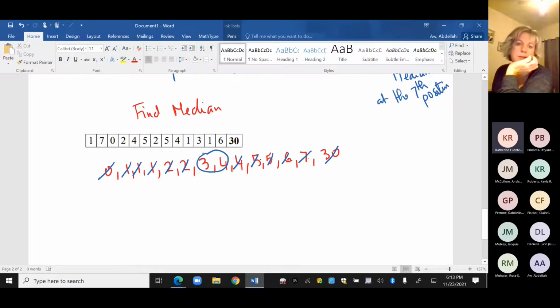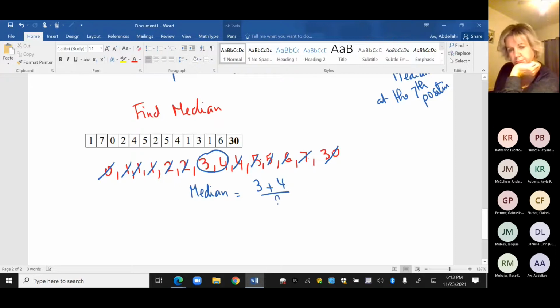I cannot cross them out, because if I cross them out, I will have no number to say. I will have no median. The median will be the 2 left. I add them up and divide by 2. It will be 7 divided by 2, which is 3.5.